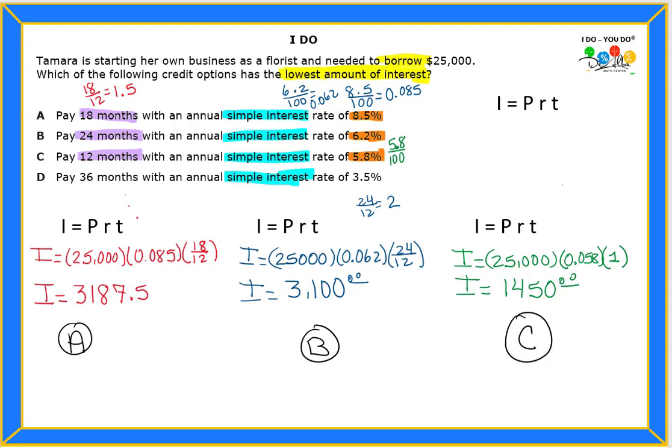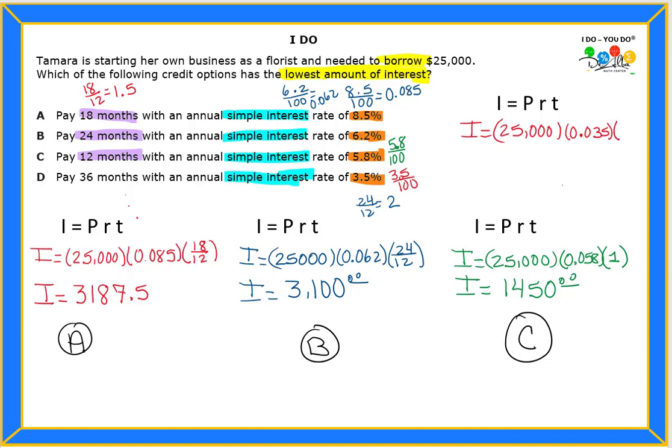So for letter D, we have I equals, same principle, it's going to be 25,000. That doesn't change. What about the rate? Well, the rate says 3.5, so we're going to write down 3.5 out of 100. And that will be equal to 0.035.